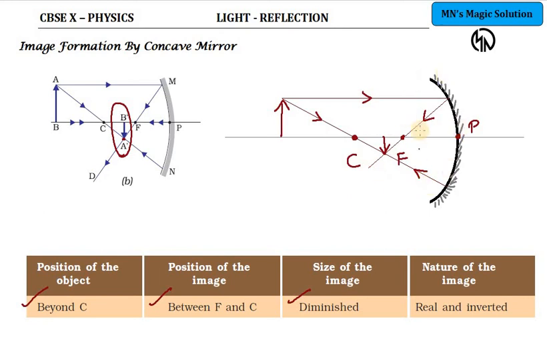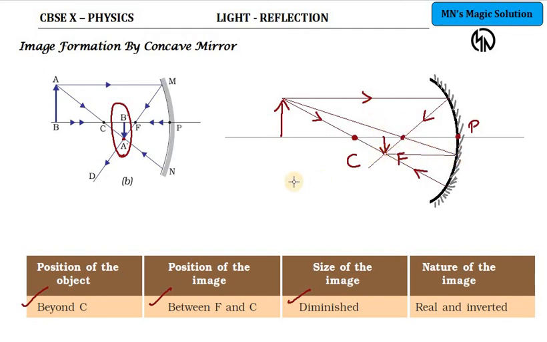So in the ray diagram, as per your textbook, they have given you 2 rays. One ray is going parallel to the principal axis, the other ray is going through the center of curvature. There was another ray which we had learned, which was it? Any ray which is passing through the focus, after reflection, passes parallel to the principal axis. They did not use that instead of the center of curvature ray. So the third ray, any ray which is passing from the object through the focus, after reflection, will pass parallel to the principal axis.